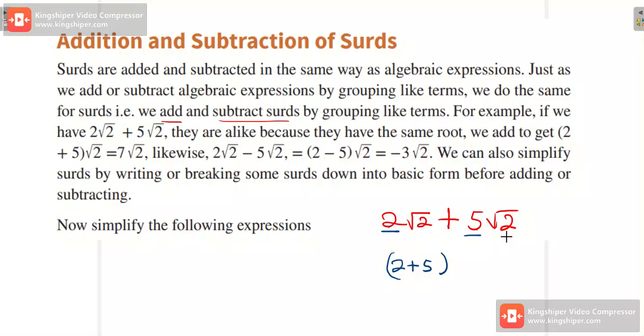Then we factorize the root out, and the final answer becomes 7 root of 5, which is the sum of these two sets.